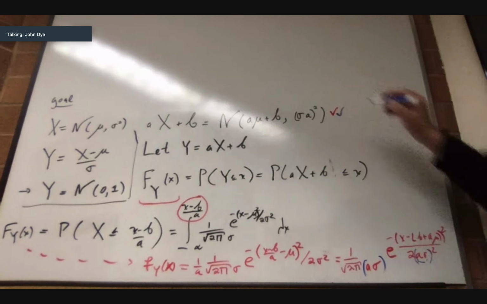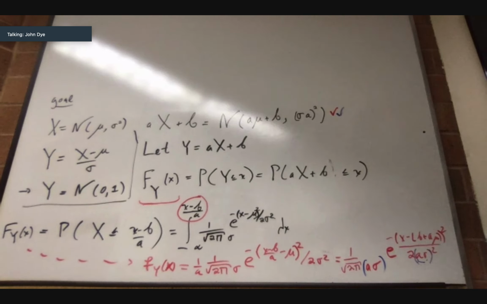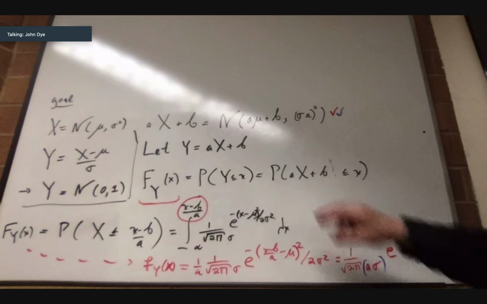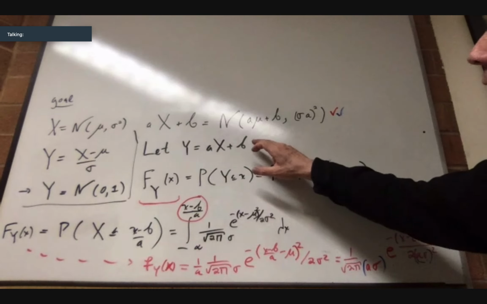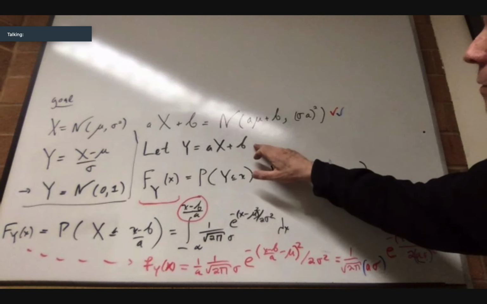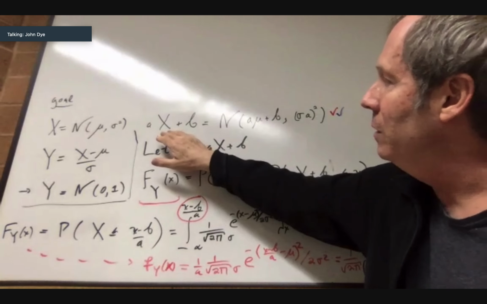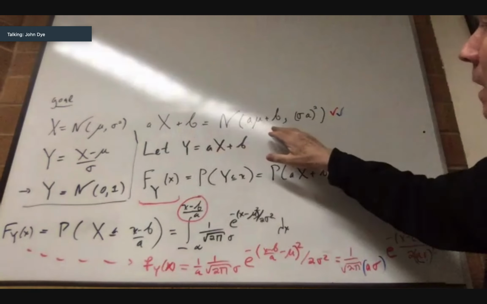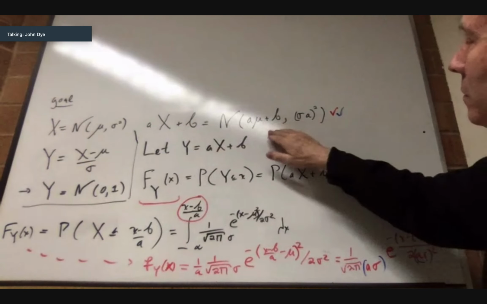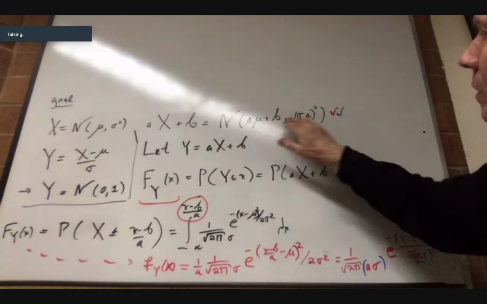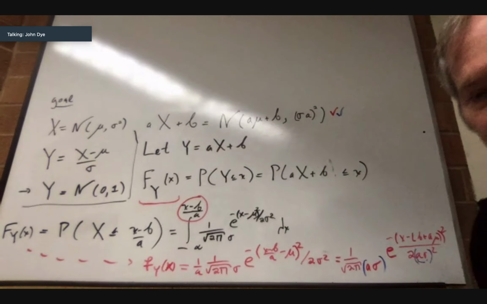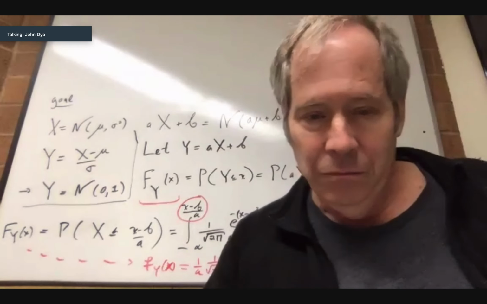Okay, so it's hard to see, but I'm sorry, guys, it's the best I could do. But it does work out. So what's the conclusion? If x is normal with mean mu and standard deviation sigma, then ax plus b is normal with these parameters. Okay, I'll look at the chat here.